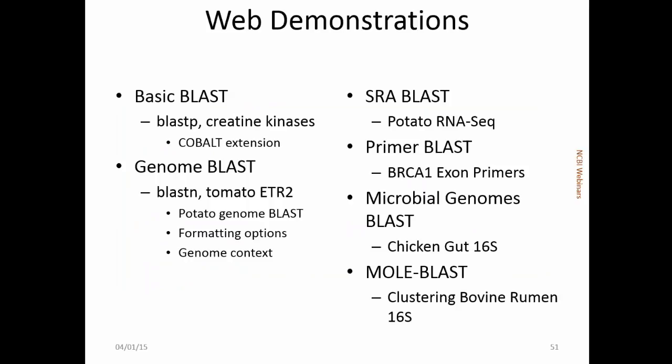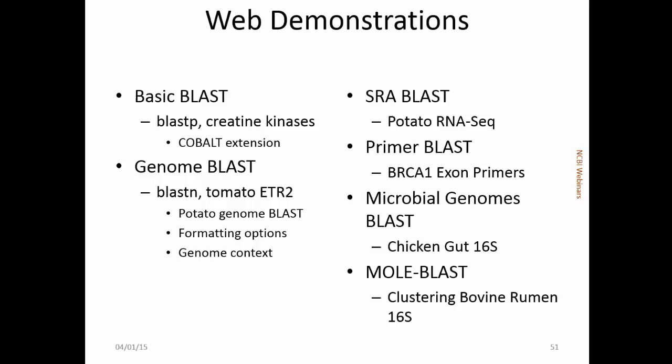So this is our BLASTN example, really. We're going to take a messenger RNA from tomato, find the corresponding gene in the potato genome, and then find that region in the potato genome and do an SRA BLAST with that, because a lot of our potato genes are annotated by using alignments from RNA-seq data. So we can replicate that ourselves by searching a set of data from potato.